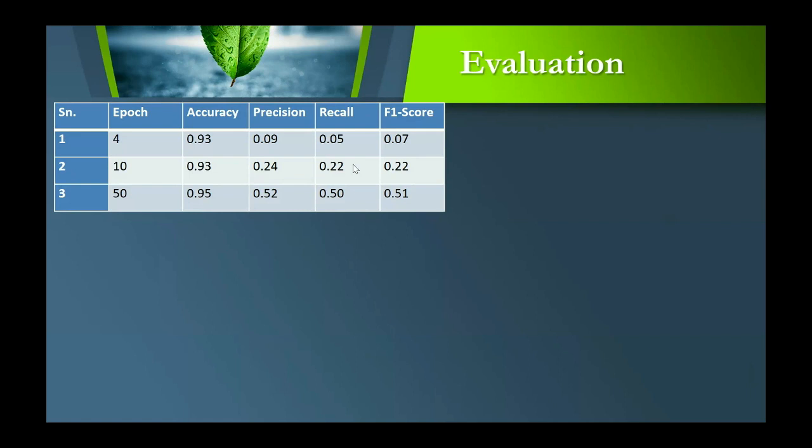The F1 score helps us to differentiate between the false positive and the false negative. The false positive and the false negative are actually the error types, because the false positive has to do with the type 1 error, and the false negative is a type 2 error.